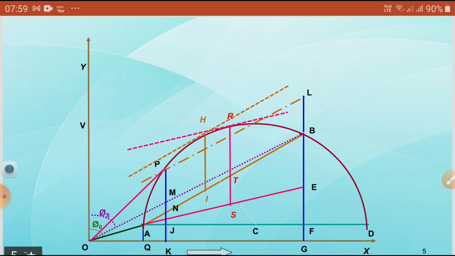Hence, we require to perform a few tests before going to apply our actual load. What are the tests we are going to conduct on this machine? Only two tests. One is the no load test, another is the blocked rotor test, and in this test also the stator resistance is calculated by the VI method, by injecting some amount of DC voltage and measuring the current.